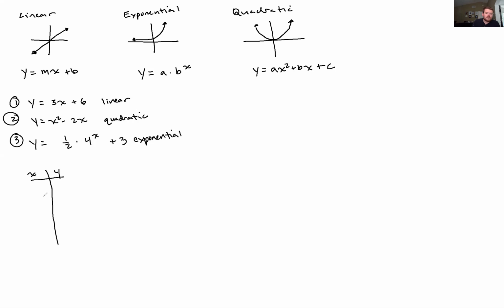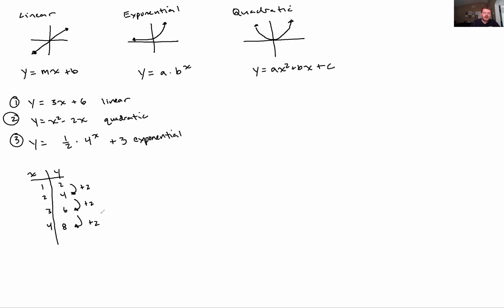Let's say I have for x, 1, 2, 3, 4, and my y is 2, 4, 6, 8. When you're looking at a table, you're looking for a pattern. Here, each time I'm adding 2. That's the pattern.